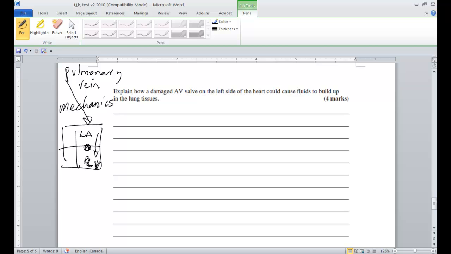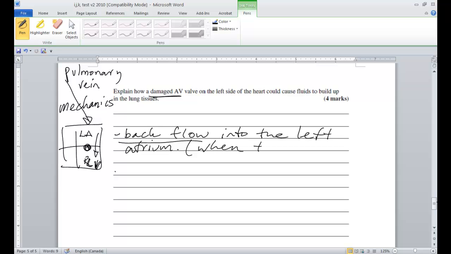So what you had to explain, that if the AV valve is damaged, well, there's going to be backflow into the left atrium. So backflow.